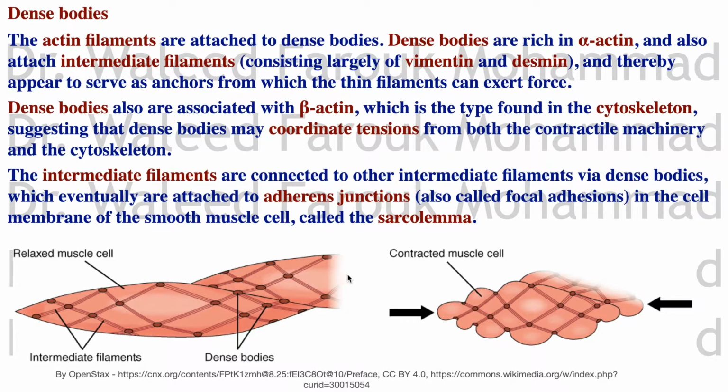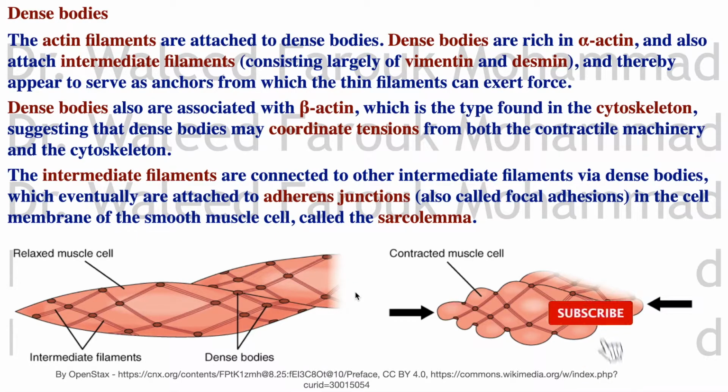The beta-actin component of the dense bodies is a type of actin found in the cytoskeleton. So the dense bodies coordinate tensions from both the contractile machinery of the cell and the cytoskeleton.